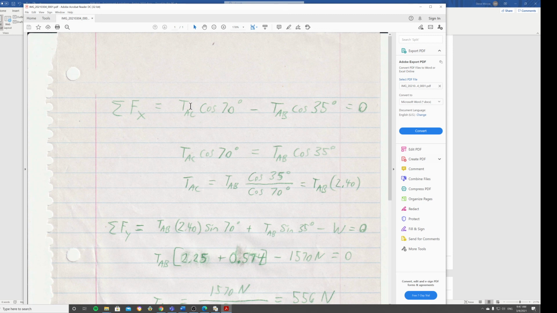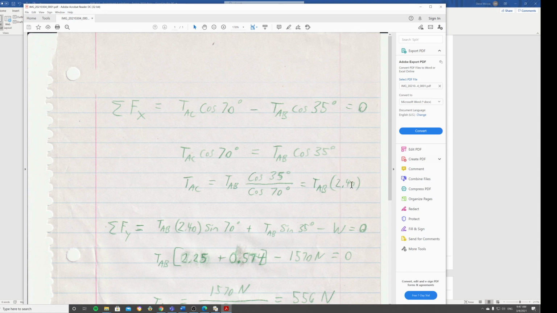I started with the equilibrium equation in the x direction and wrote it out, put TAB on one side and TAC on the other, and then divided both sides by cosine of 70 degrees.